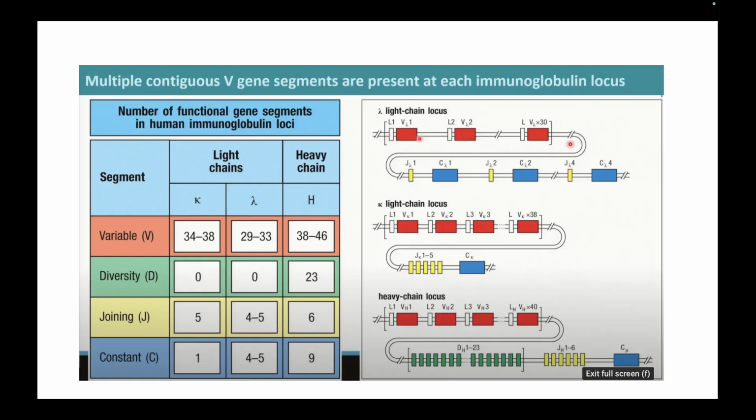Then there is an intron, then J1, then constant 1, then J2 and constant 2, like that. There are several J and then C.